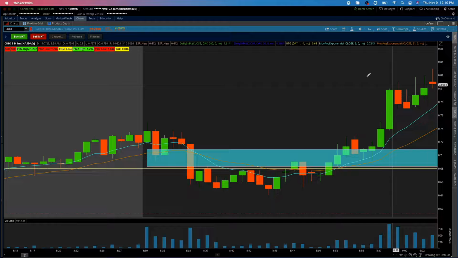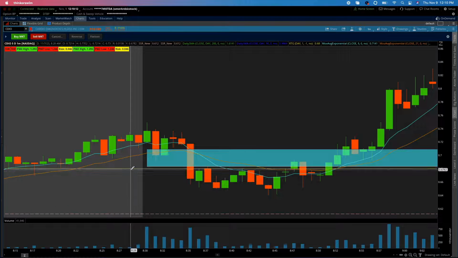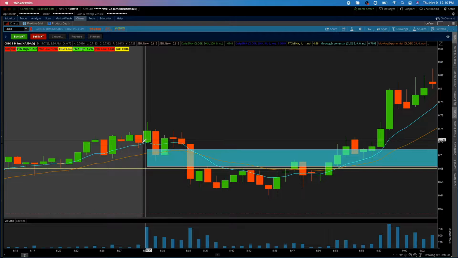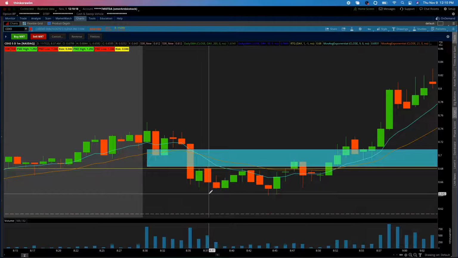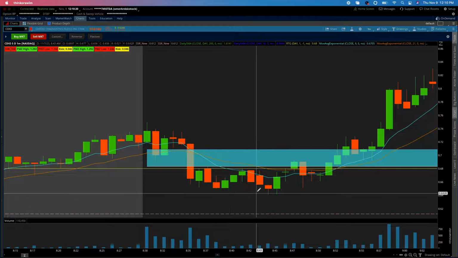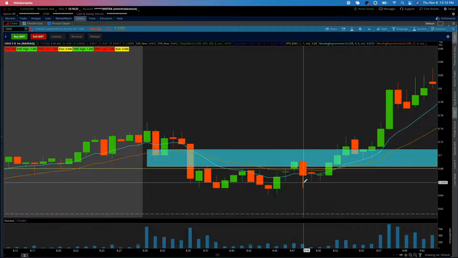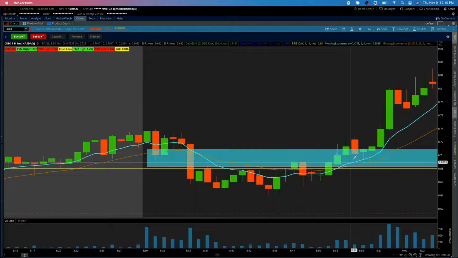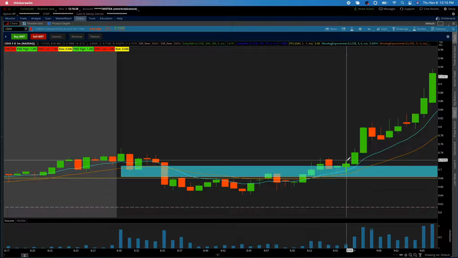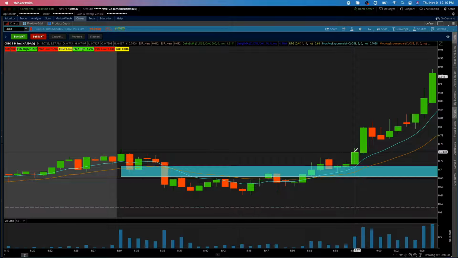And what you get in the morning is a break, a support hold. This is yesterday's close. You get a break below the PMZ, and then you get a reclaim. You get these hammers showing support. The 9 EMA crosses over the 21. Support. You get this breakout.